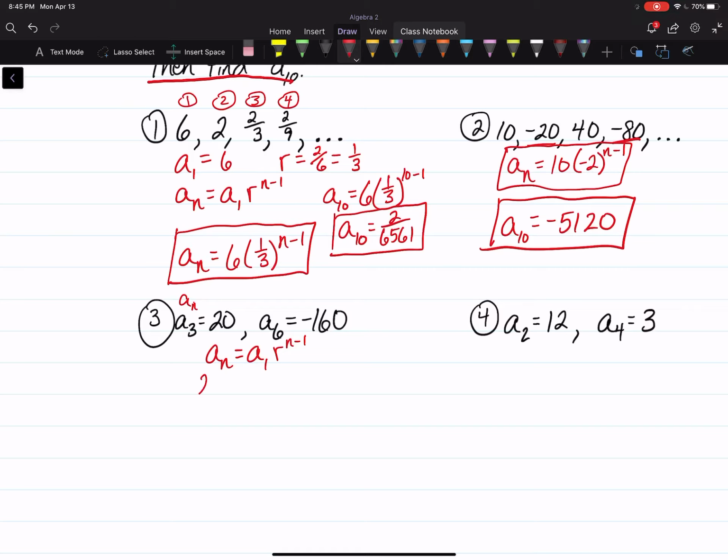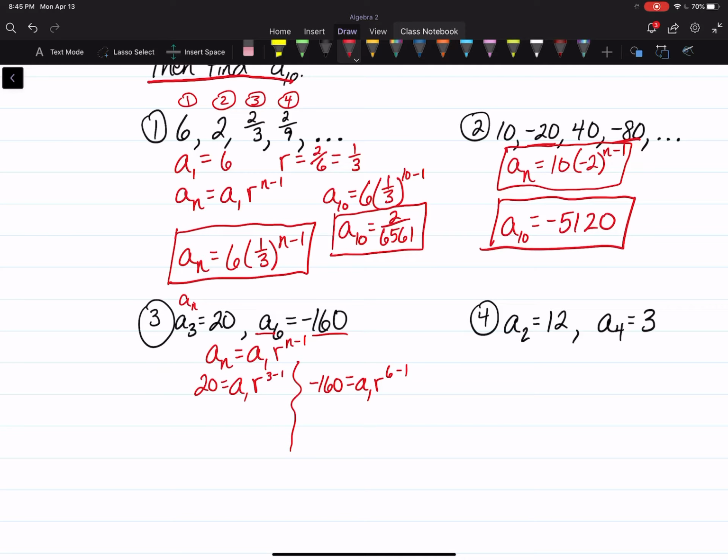So 20 equals a1, which we don't know, times r, which we don't know, to the 3 minus 1. Then we do the same thing for a sub 6 and negative 160. So negative 160 equals a sub 1 times r to the 6 minus 1 power.